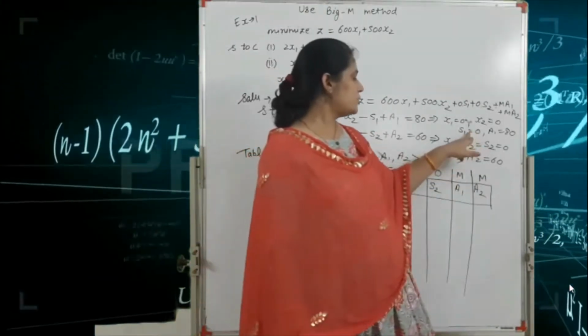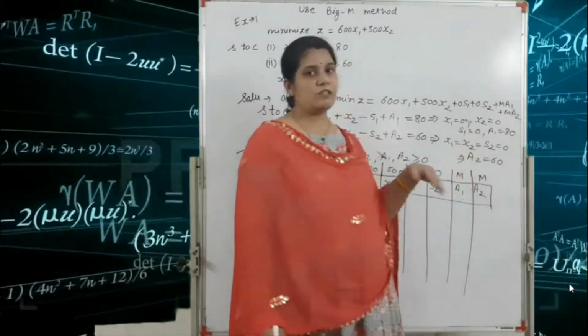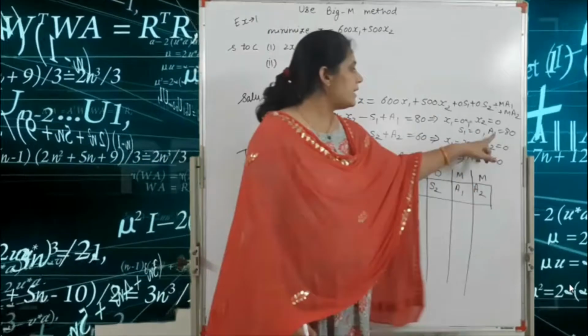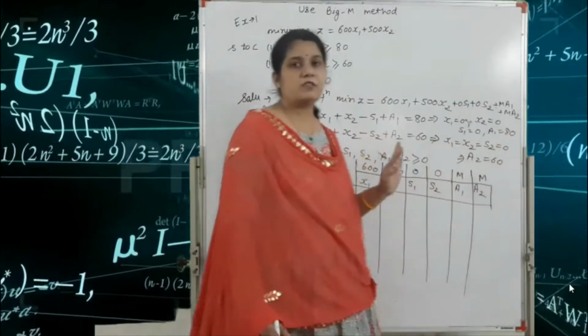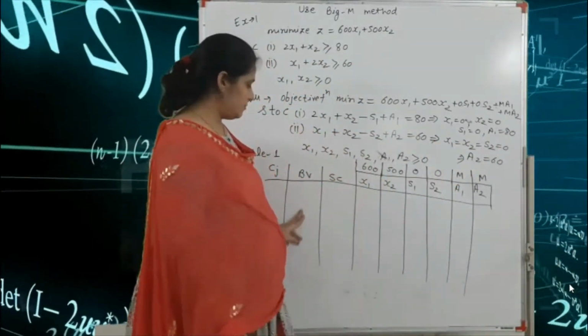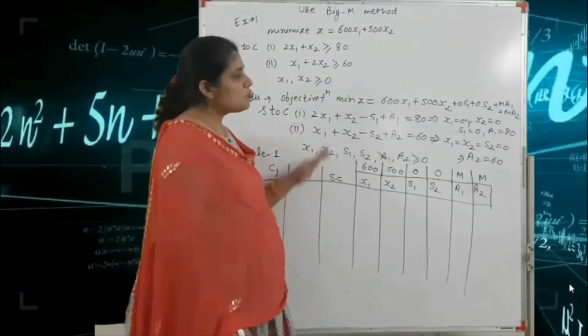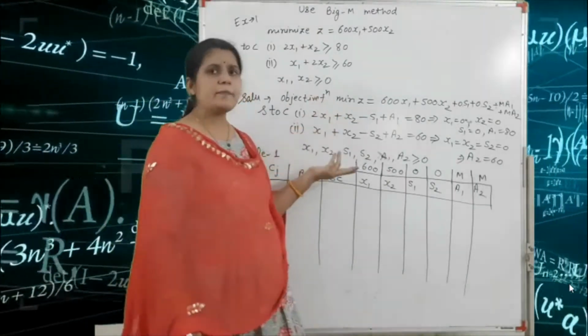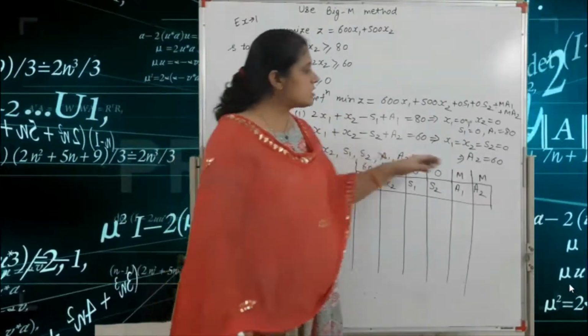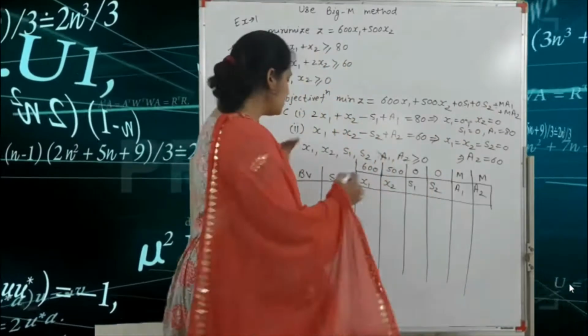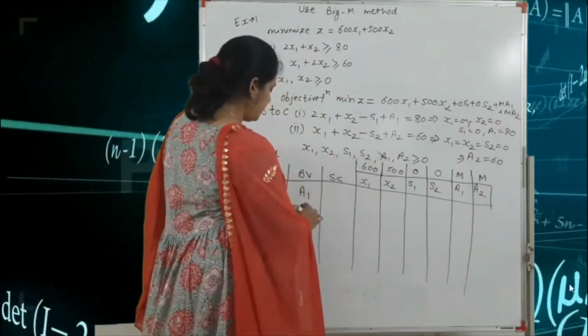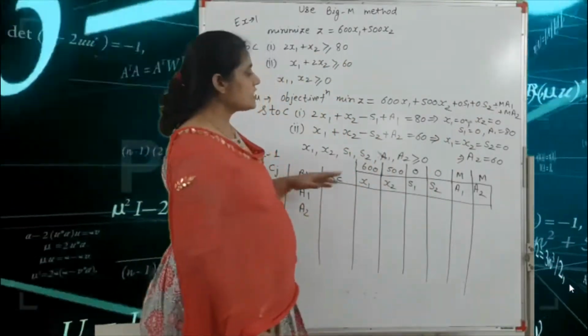So we put s1 = 0 and s2 = 0 also, with a1 = 80 and a2 = 60. So in the basic variables, we write those variables whose values are given in positive form. So here we write a1 and a2. Okay, so the sequence is the same.